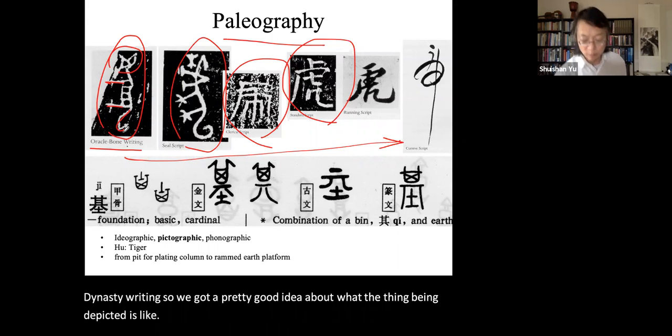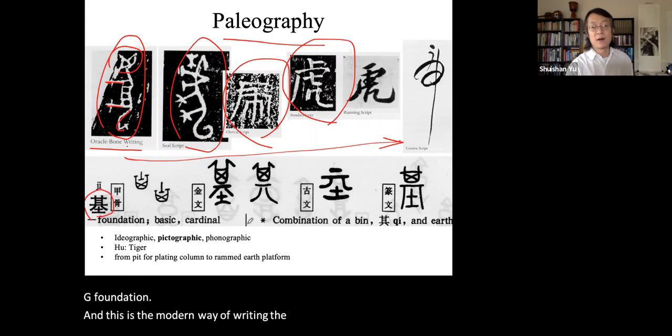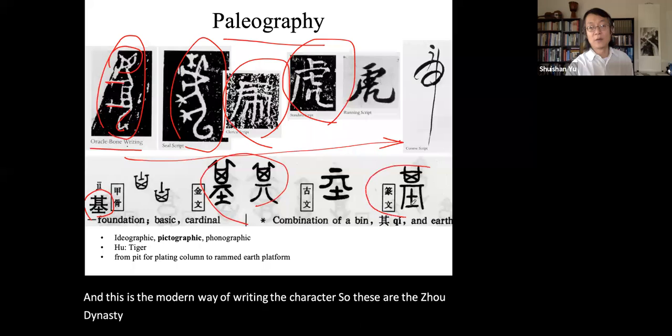For example, the Chinese character for foundation, 基, foundation. And this is the modern way of writing the character. So these are the Zhou Dynasty ways of writing it.